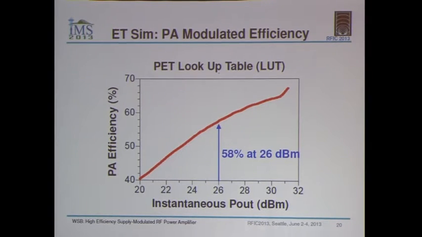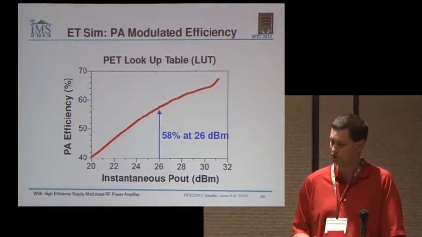So this is still instantaneous efficiency. It's not time averaged yet, but we see we have a 58% efficiency at 26 dBm, which compares pretty favorably to what we saw in the CW measurements earlier. The constant gain used for the lookup table here was 29.8, pretty close to that 30 dB gain case example I was showing on the earlier plots.